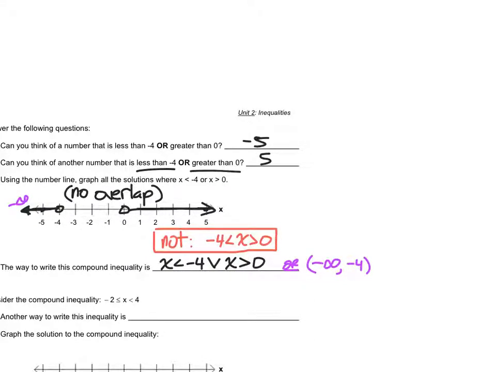All right, parentheses for the -infinity because -infinity always gets parentheses, and then parentheses for the -4 because it's an open circle. And then we'll also have 0 going to infinity, also parentheses all around. The one exception here is that we have to throw in a union symbol, a U.